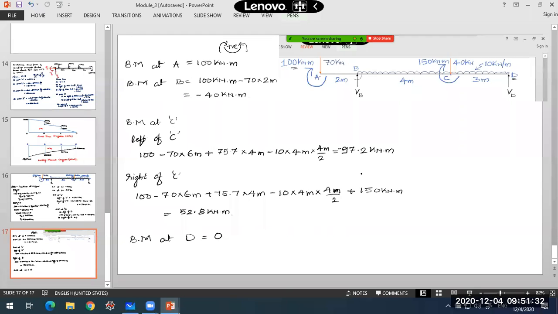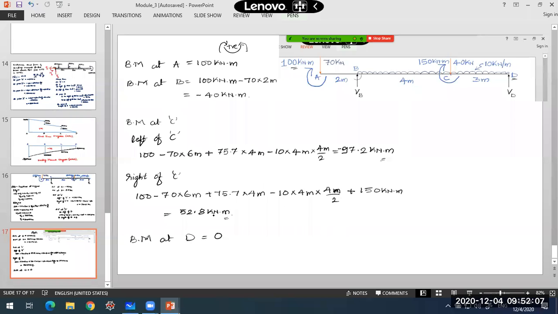Somewhere here, there is a sudden change in the bending moment, from negative to positive. Just see here at point C, I get minus 97.2, and once I consider this couple, it changes to plus 52.8.